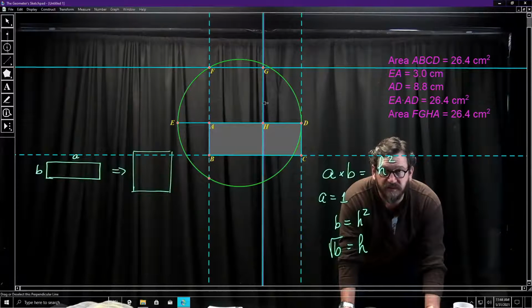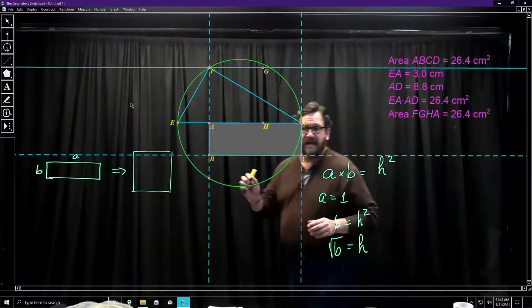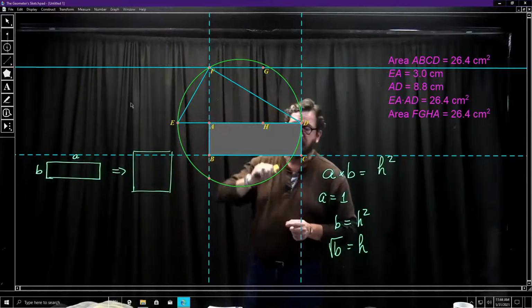And I'm going to hide this piece because I don't need it. But I do want to look at this triangle, and this triangle, and the big triangle, of course. So now, let's look at this little right triangle here, and this triangle right here.